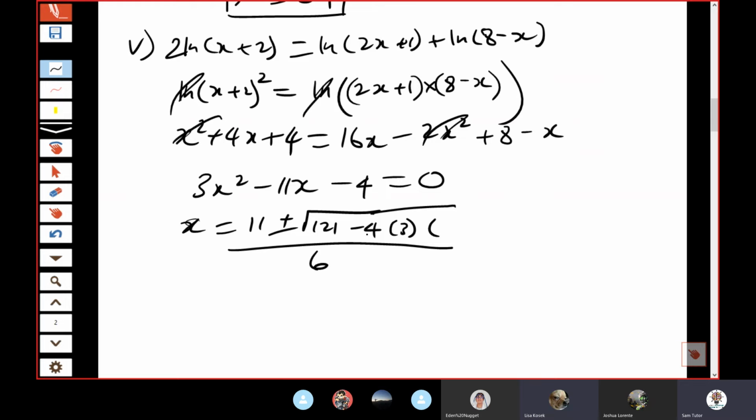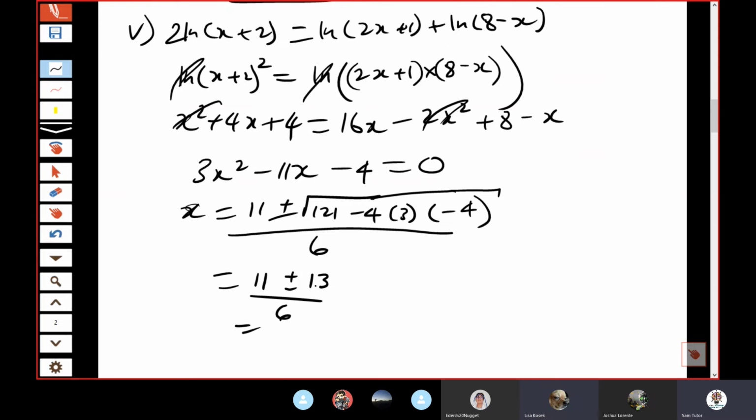So b squared minus 4 times a times c. Yeah. Boom. And then plug that into your calculator. 121 minus 4 times 3 times negative 4 is 169. Square root of that is 13.